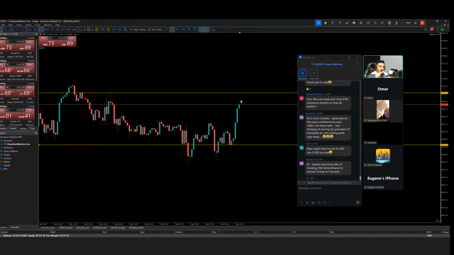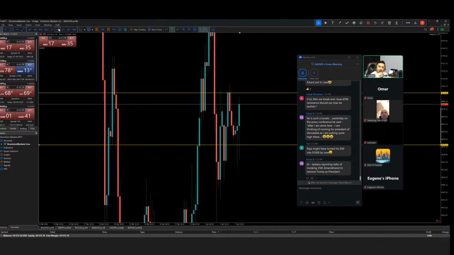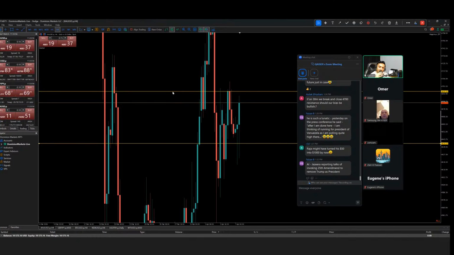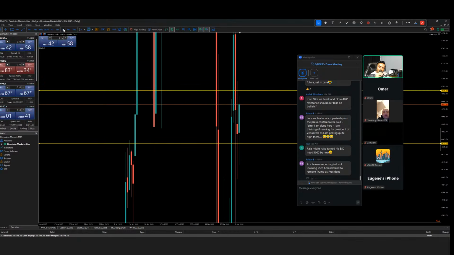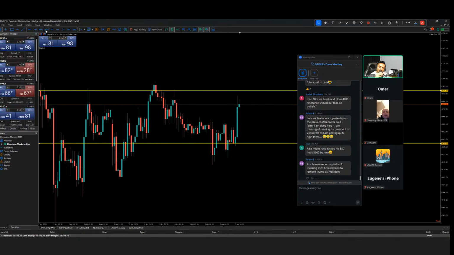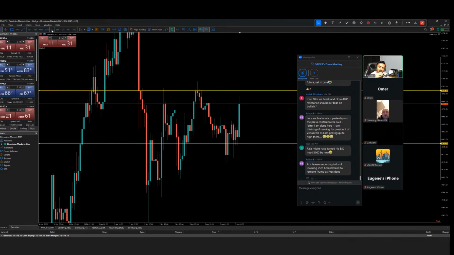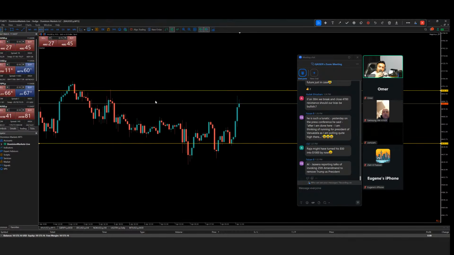If there is some kind of resistance or support which is connected with the higher time frames, it's very educational. Let me explain. This resistance is connected with H4. Look at this one. It is connected with the M30 resistance, H1 resistance, M15 resistance, all time frames respecting this resistance area.